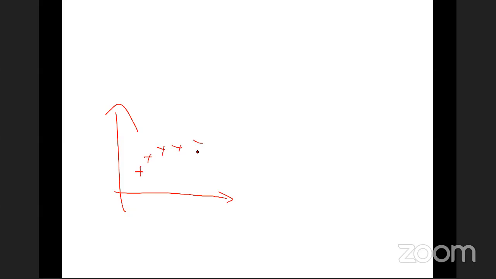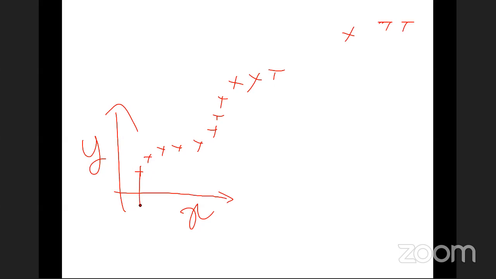Okay, so let's take an example where you have this x-axis and then you have y-axis. Your points are distributed in such a way that they are not sitting on a line, but there is some sort of a one-to-one relationship between x and y. Let's say there are some outliers also, but they still keep following some trend.